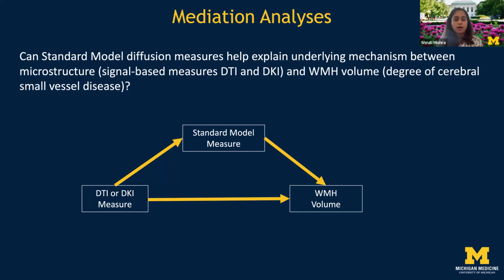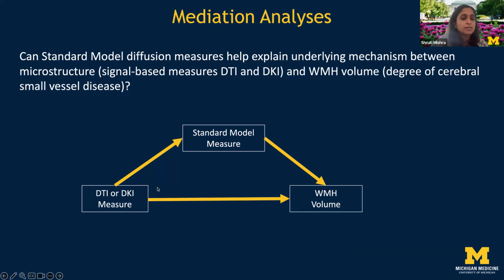For those who are familiar with a mediation analysis, we're looking at our diffusion, our DTI and kurtosis measures. We're looking specifically at the ones that significantly predicted white matter lesion volume when we had age, sex, and education as covariates.